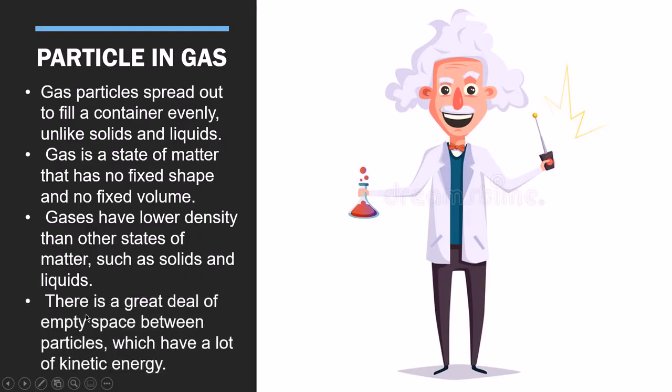So then there is a great deal of empty space between particles which have a lot of kinetic energy. In solid, there is very little kinetic energy, in liquid, medium kinetic energy, and in gas, lots of kinetic energy, because the particles in gas are actually spread out.